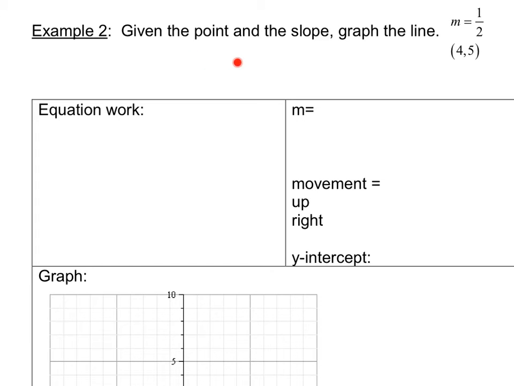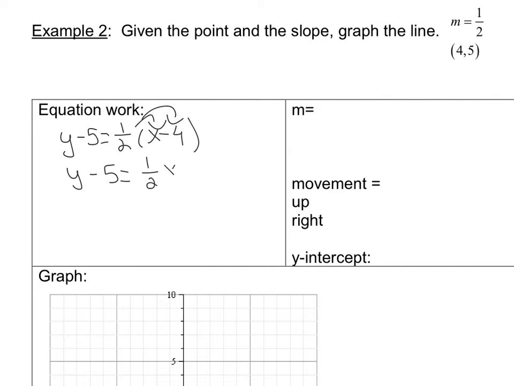Alright, so it says, given the point and the slope, graph the line. So we just got to graph it. So if you think about this, they want the equation. So y minus 5 equals 1/2 times x minus 4. And then again, distribute the 1/2, and then add the 5.